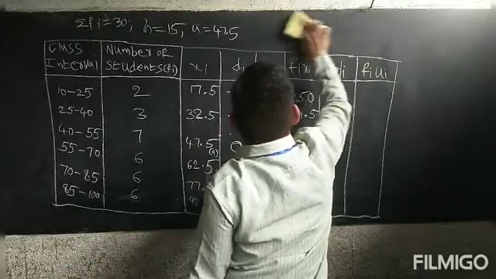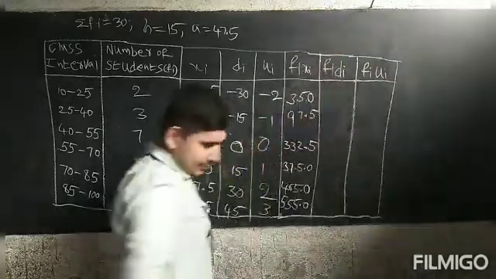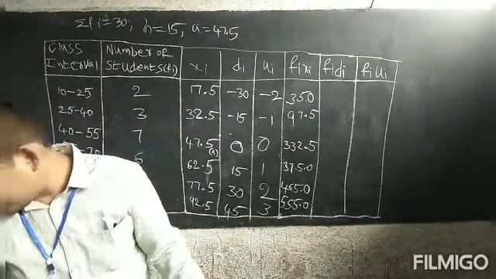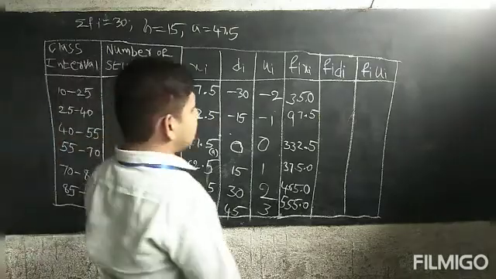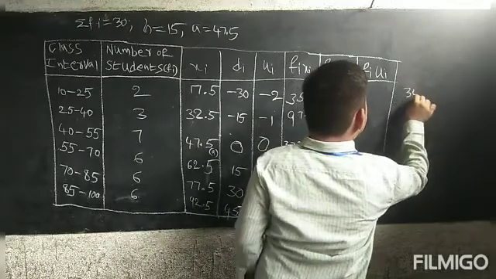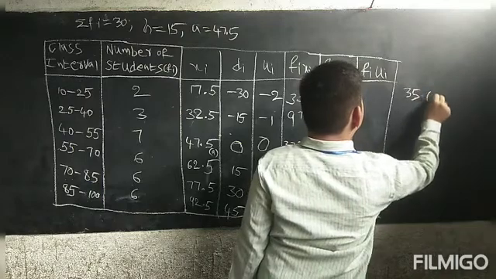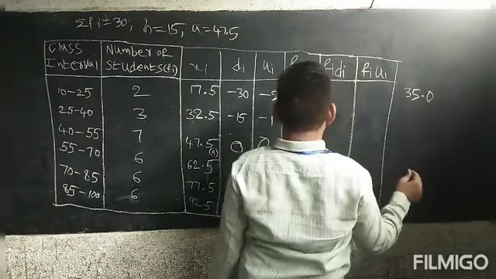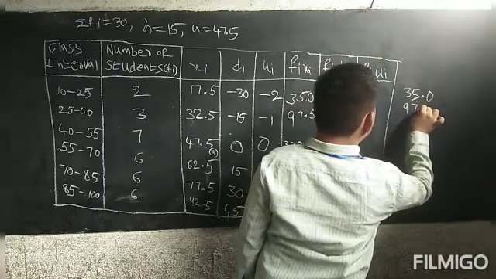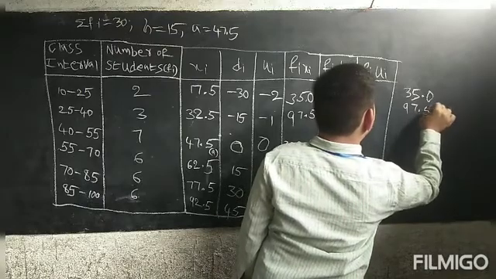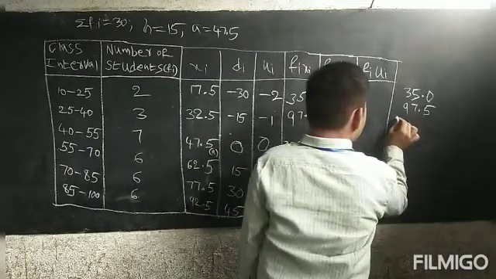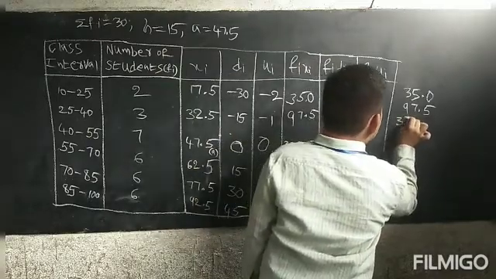Okay, 25.0, 97.5. Okay, now next 332.5. You count the precise way to arrange the numbers.